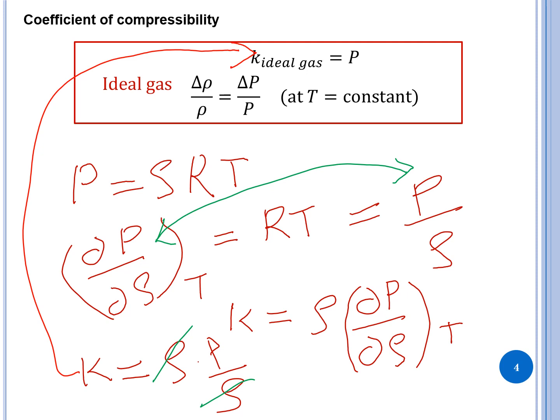Now second thing for ideal gas, that del rho over rho is equal to del P over P, and this particular thing we can get just by remembering about finite changes.